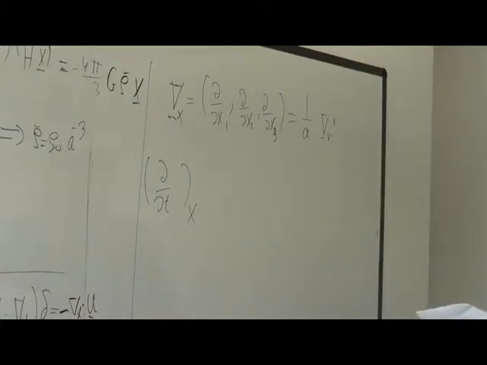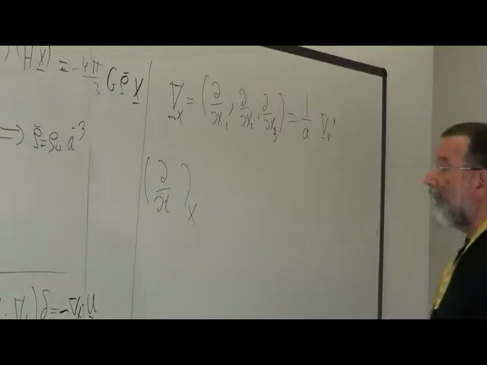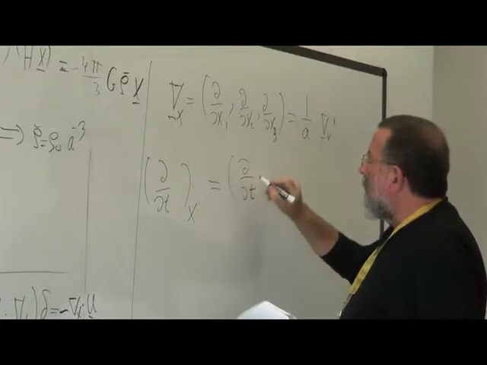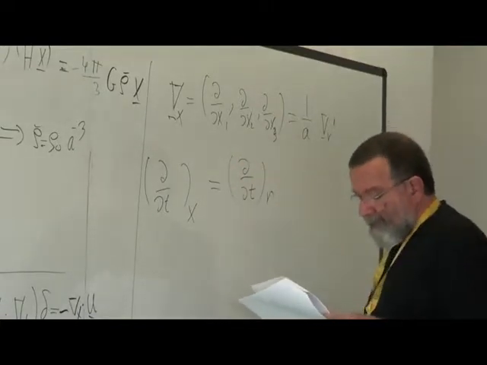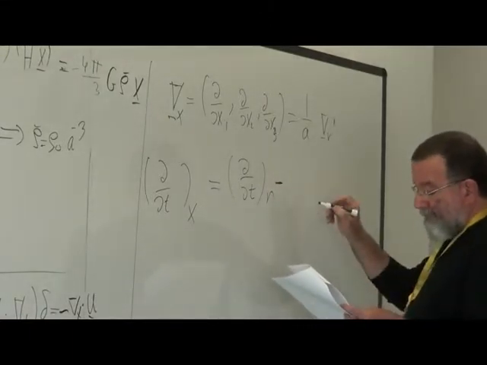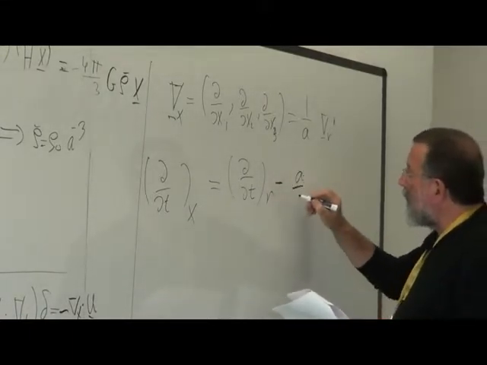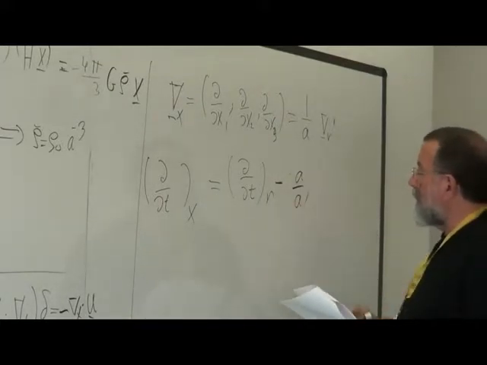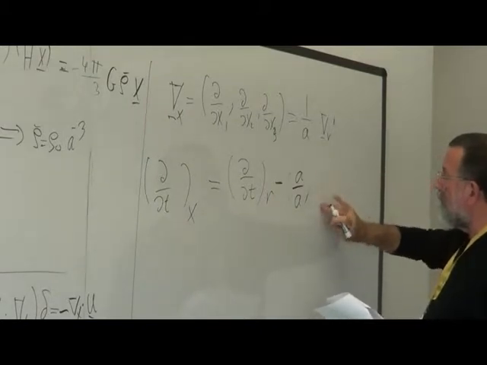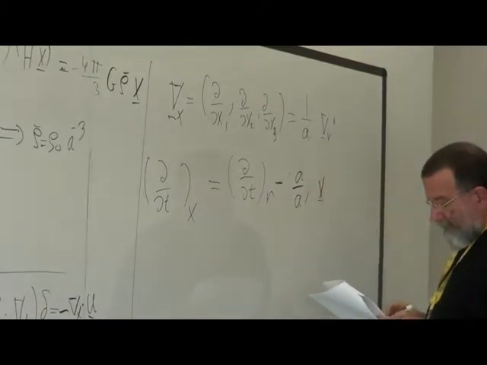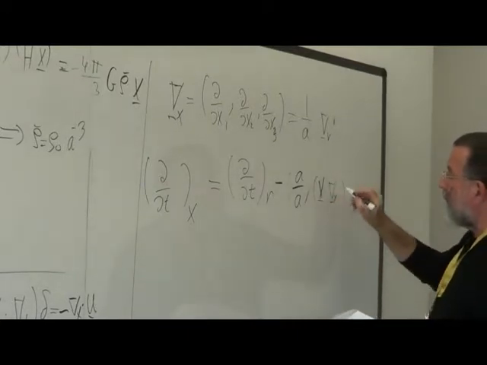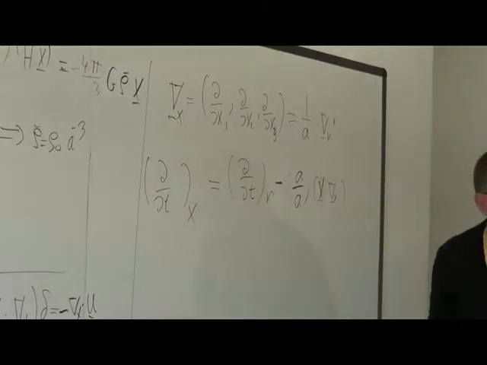So the way to do it is this equals d by dt, where you keep r constant, minus a dot over a times x dot by dx. This is an operator.